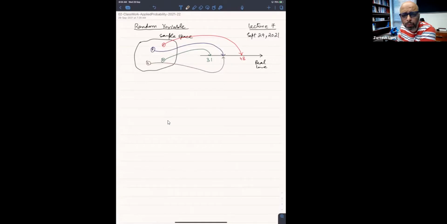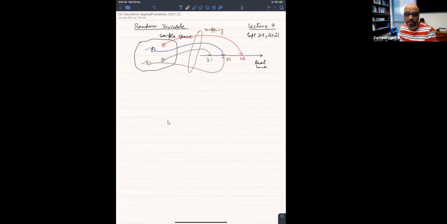It can also happen that I map two outcomes to the same number, and maybe this number is 39. So whenever the blue outcome occurs or the brown outcome occurs, the random variable that I have defined with this mapping, this mapping is defining a random variable.